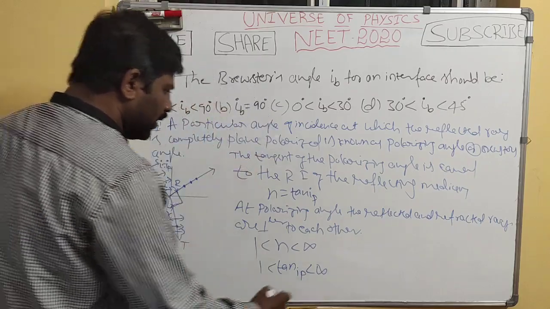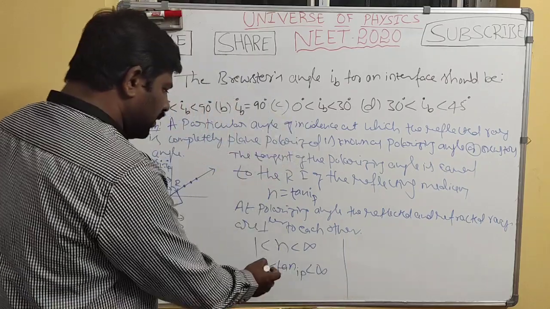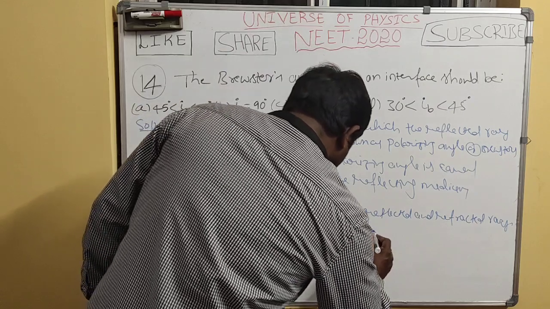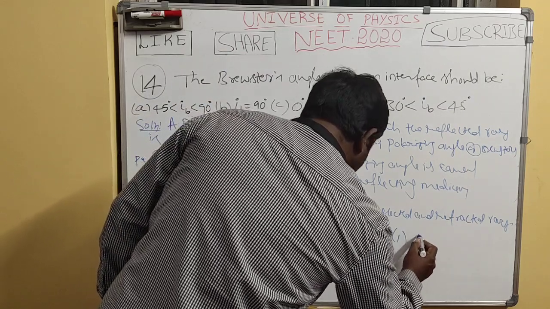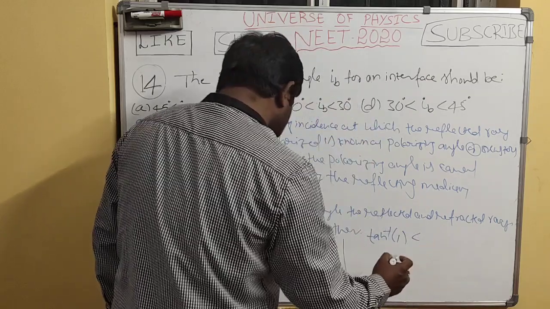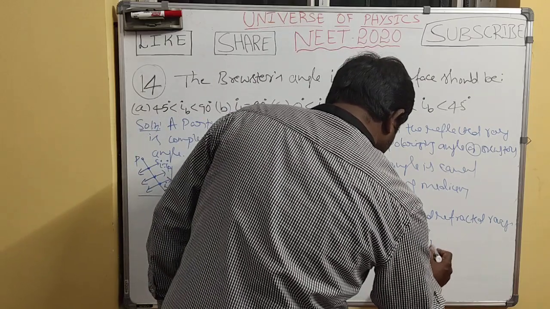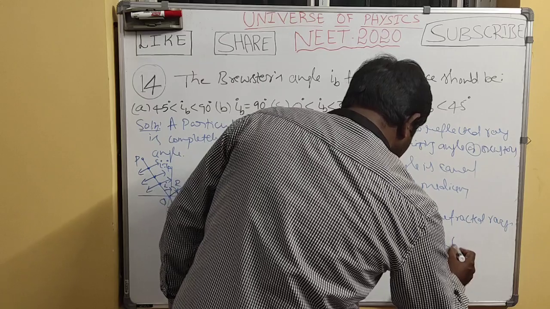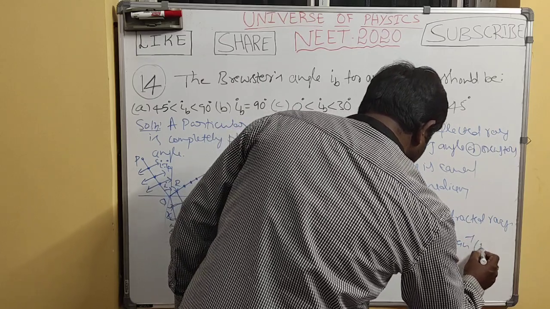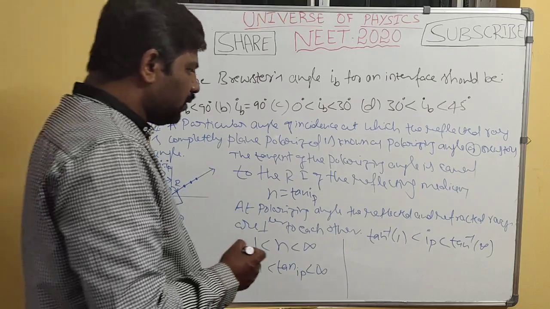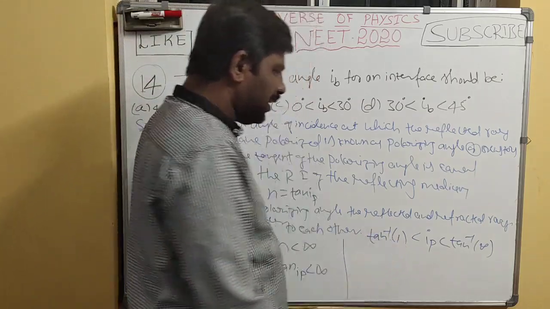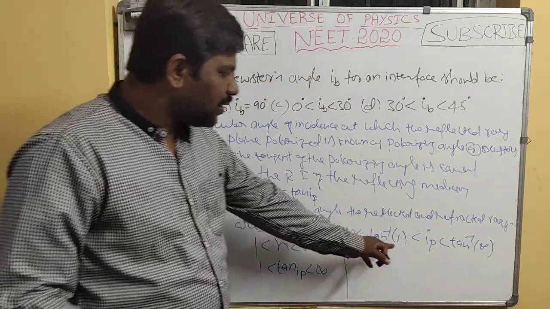Again, we can write tan inverse of 1 is less than IP, which is less than tan inverse of infinity. We know that tan inverse of 1 is nothing but tan of which angle is equal to 1?